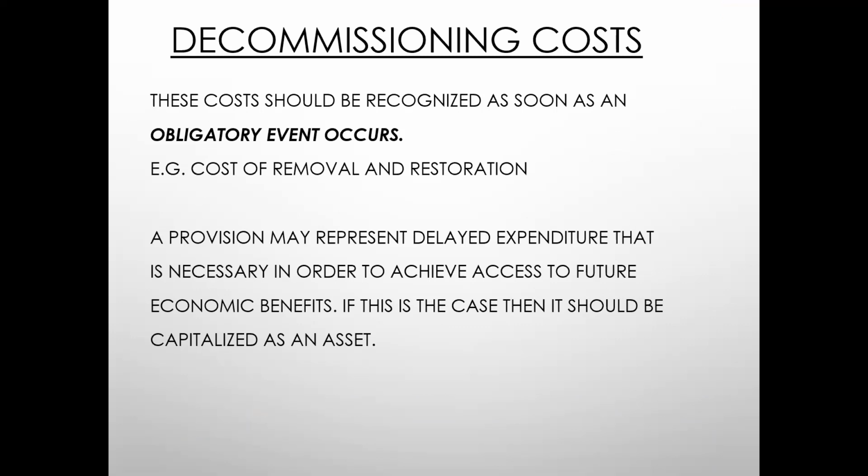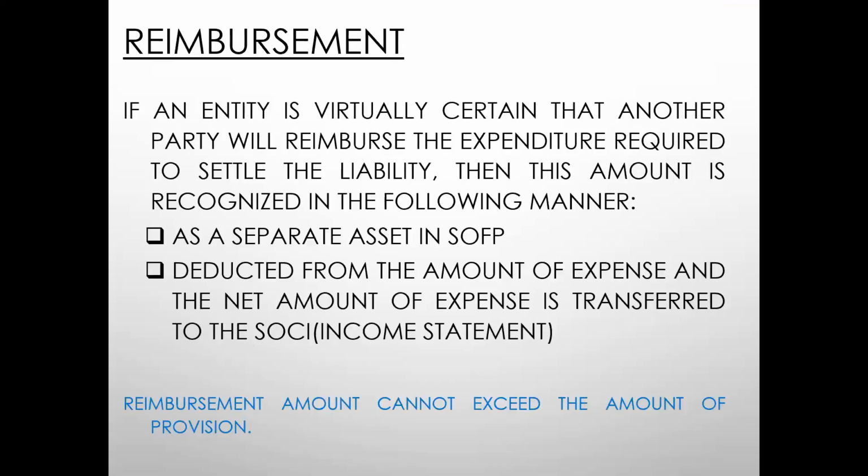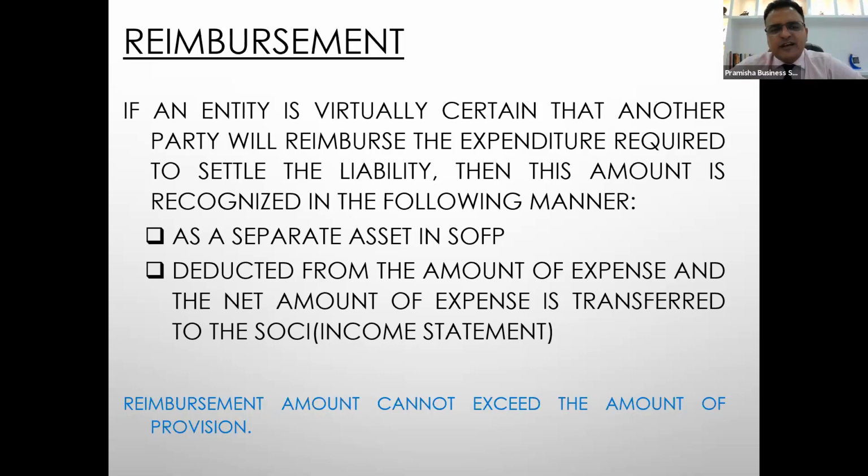Amit, one question. Here it is written that we have to show it separately as an asset in the financial position. But for the reimbursement, if the timing is the same, then we can do the netting in the balance sheet as well, right? Yeah, netting in the balance sheet, because our expense will always be higher. And as I said, the reimbursement amount cannot exceed the amount of provision.